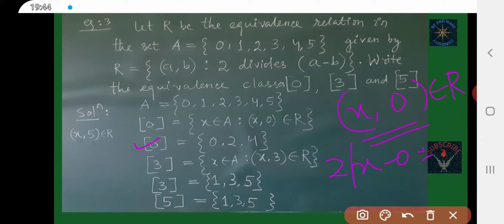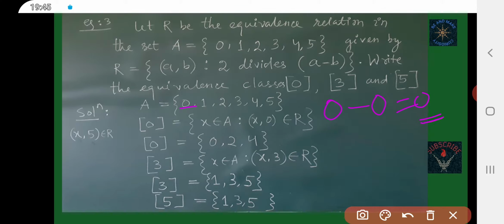So now you put x equal to 0, because 0 minus 0 is 0, which is divisible by 2.